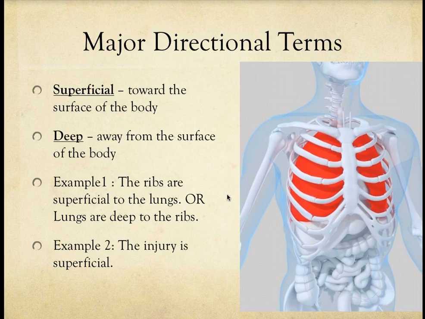Some muscles are very superficial, some blood vessels are very superficial, others are more deep. They're further away from the surface of the body. It would take a very large or very deep incision to be able to see them. Similarly, you may have an injury that's very superficial, just a scratch on the surface of your skin, or one that is very deep, like, I don't know, a stab wound or something like that.